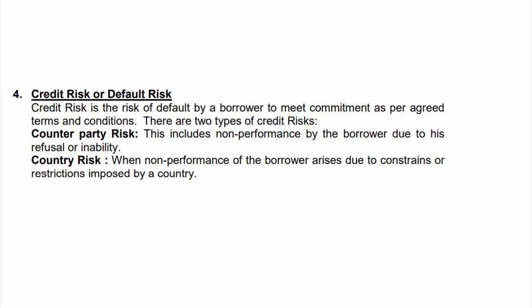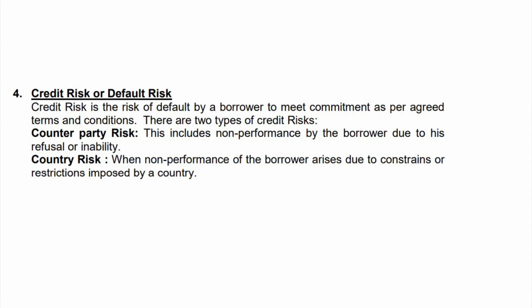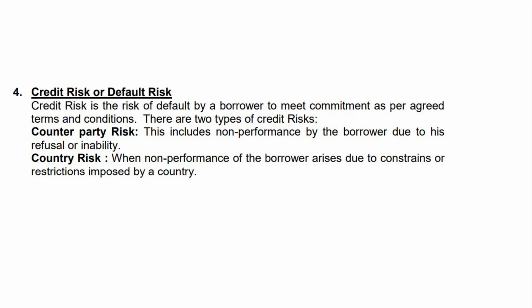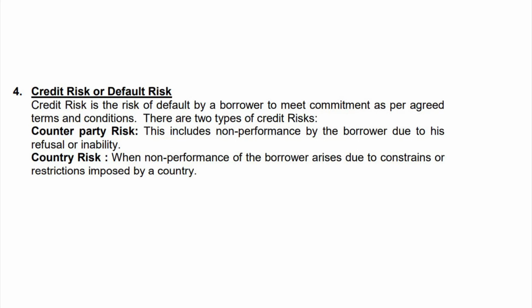There are two types: counterparty risk and country risk. Counterparty means the borrower. This includes non-performance by the borrower due to his refusal or inability to pay. Next one, country risk. This is when non-performance of the borrower arises due to constraints or restrictions imposed by a country. Sometimes there may be impositions by the country.